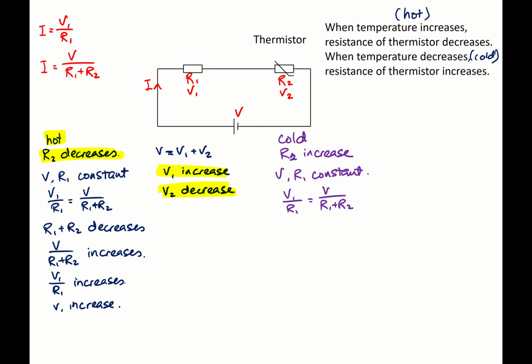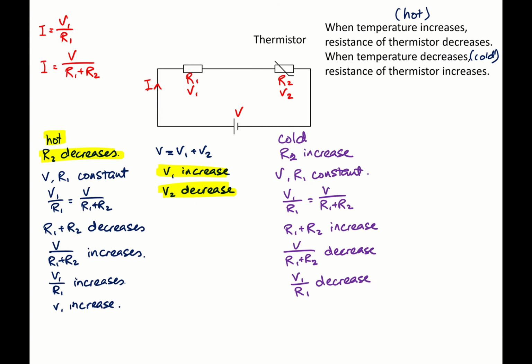And since R2 increases, that means R1 plus R2 must increase because your R1 is constant. And since the denominator increases, that means V over R1 plus R2 must decrease. And so that means V1 over R1 also decreases.